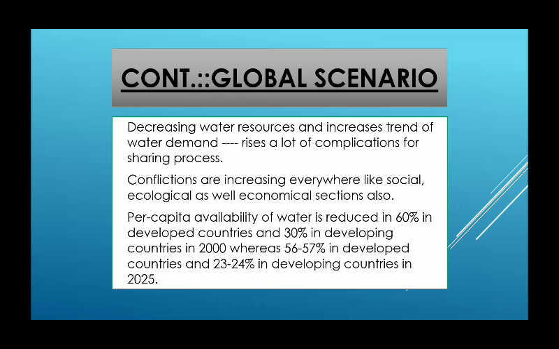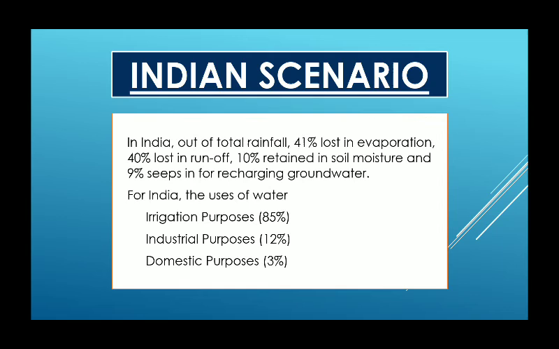Per capita availability of water in 1950 was reduced to 60% in developed countries and 30% in developing countries in 2000, and that will reduce to 57 to 58% in developed countries and 23 to 24% in developing countries by the year 2025.